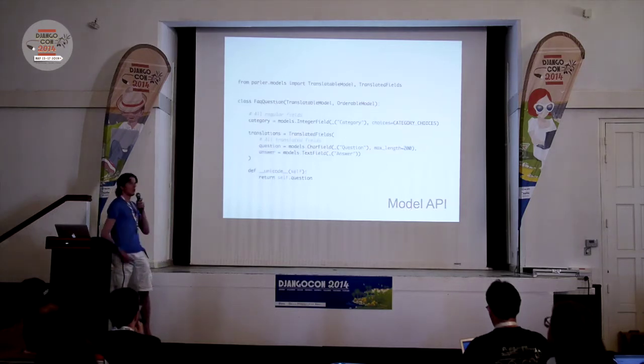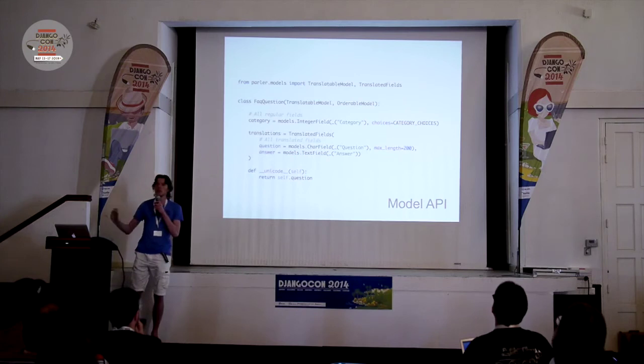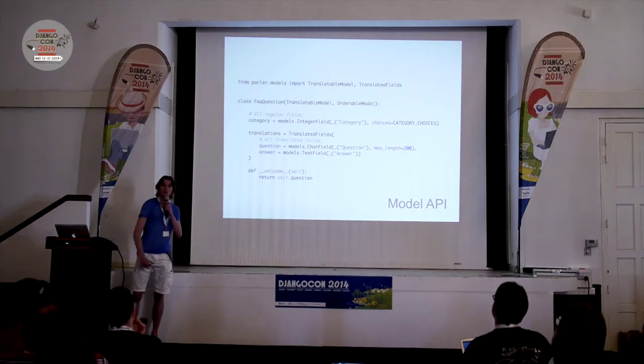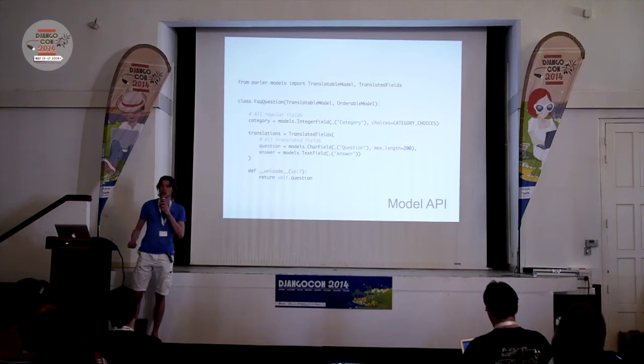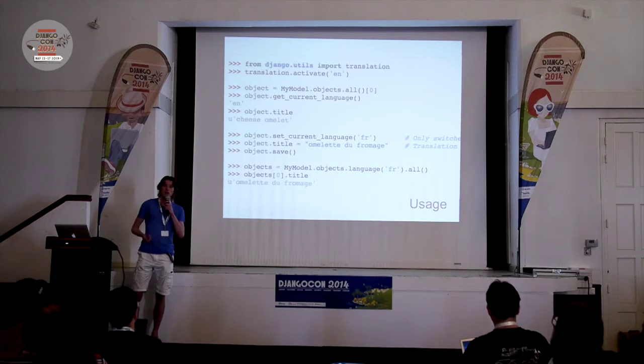This is the top level API, where you can just add the translated fields in your model, and then it will generate a separate model for you, where all the translations are proxied to the appropriate table. And you can just use it like a regular model. You can just read the fields, write the fields.